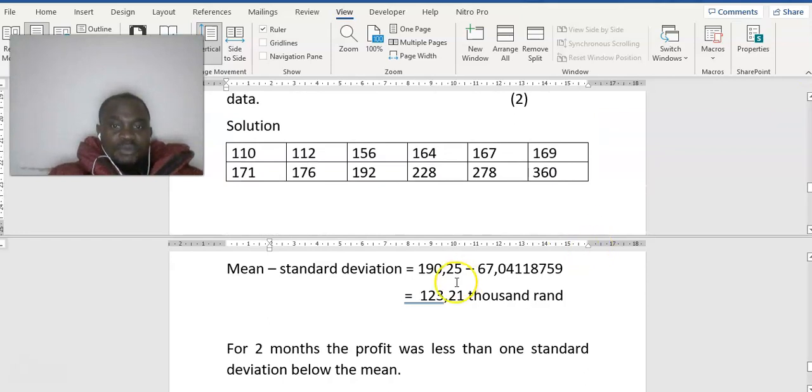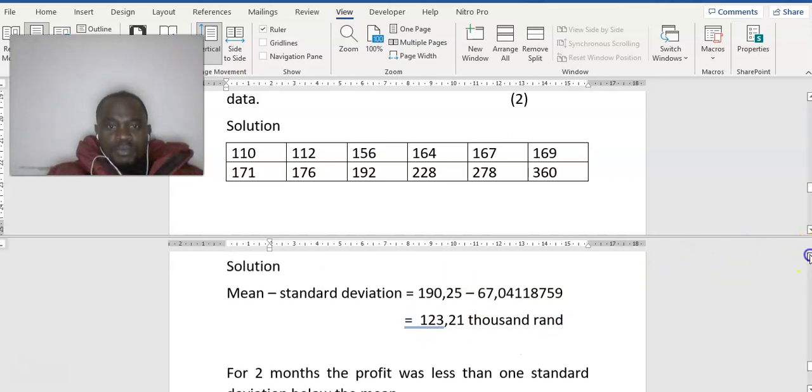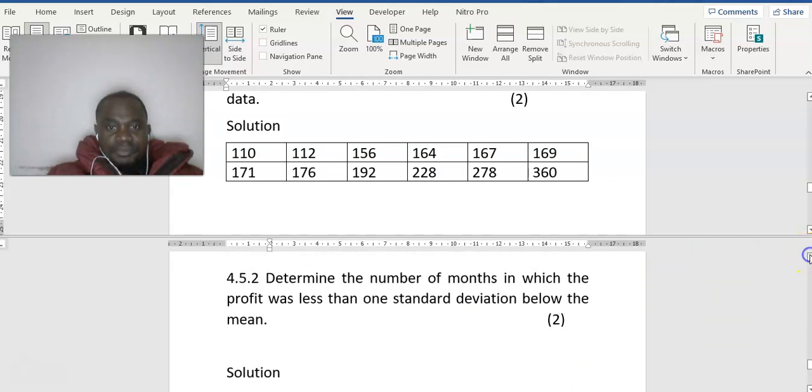If you go to the table, we look for the numbers that are less, because the question says below 1 standard deviation, determine the number of months in which the profit is less. It's less, it doesn't say more. So it's less than 1 standard deviation below the mean.